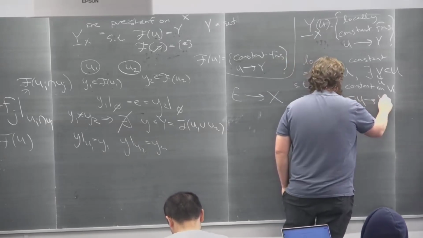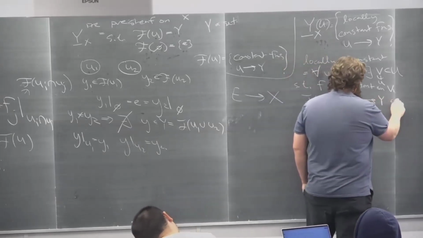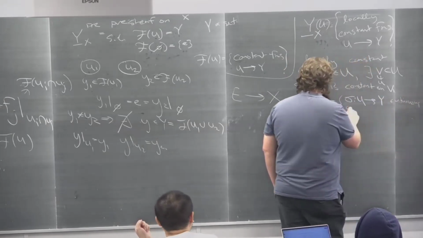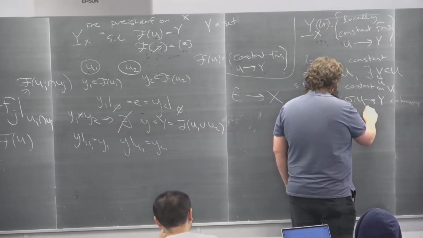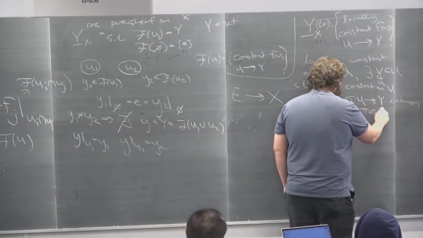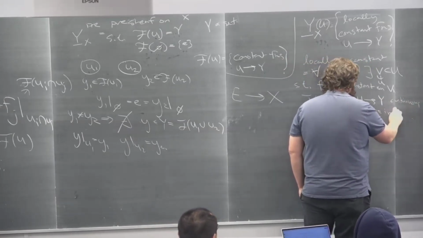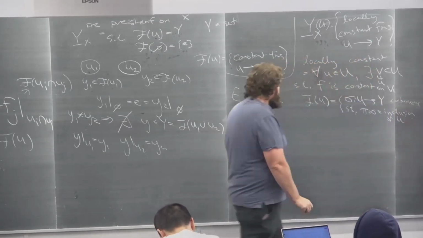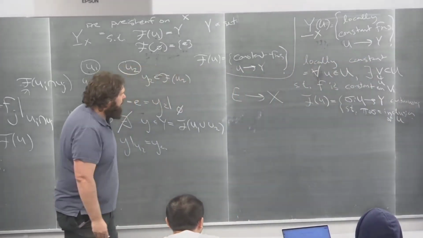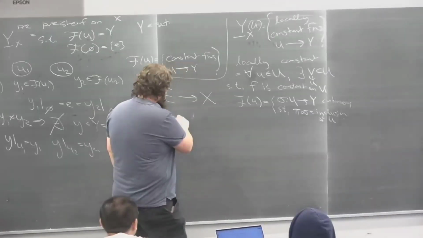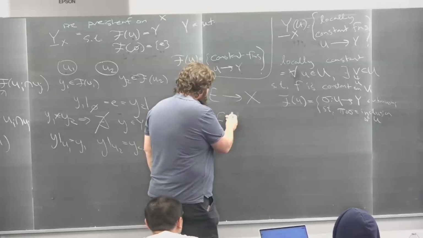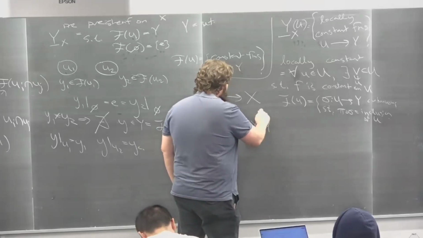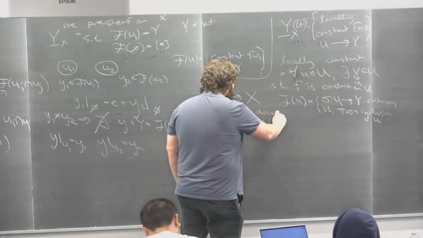Maps of U to E, let me say continuous, such that when I compose them with the projection, they become the inclusion of U. So in order to get this locally constant sheaf, what I should take is E equal to X times Y, where I give Y the discrete topology.